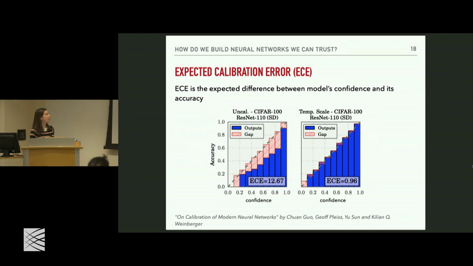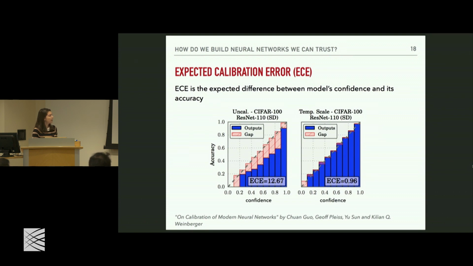The measure of how well the model is calibrated is this expected calibration error. So let's discuss how it's computed. We take our model and all of its predictions on the whole data set, and then for all the confidences that it outputs, we bin these confidences from whatever the lowest confidence is up to 1.